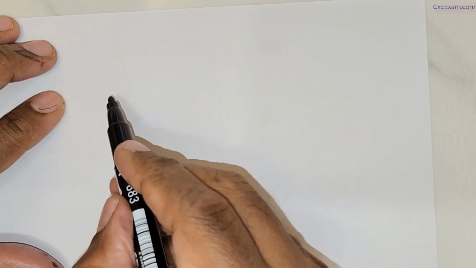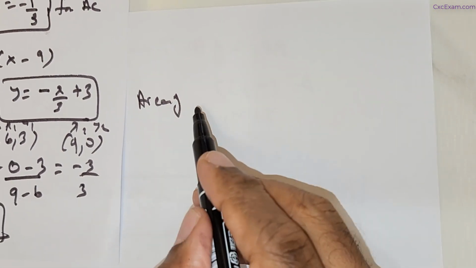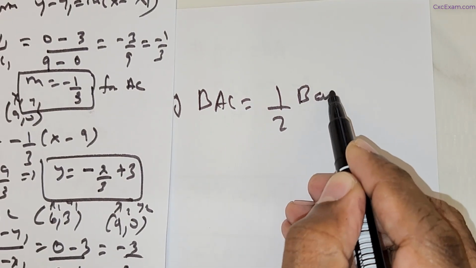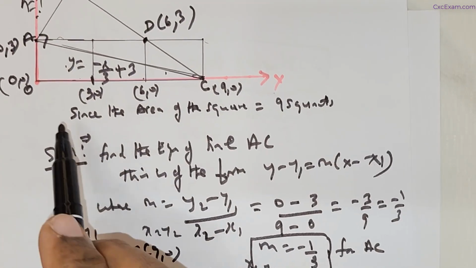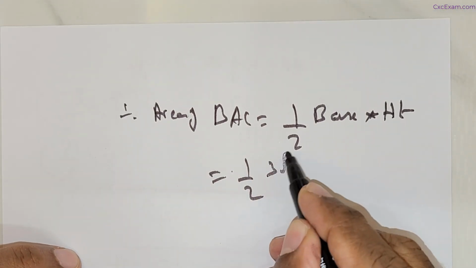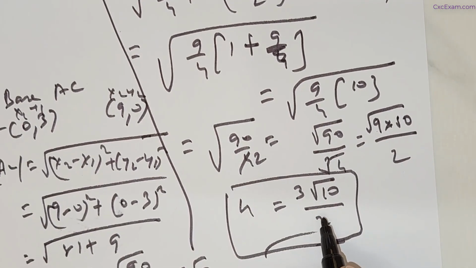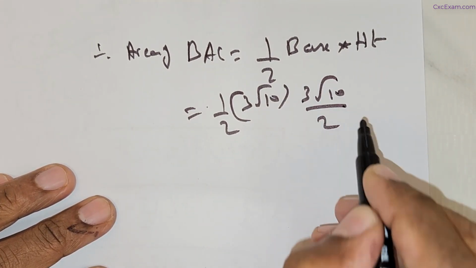So area of triangle BAC is half times base times height. What is the base we have got? The base is 3 times root 10. And what is the height we have got? The height is 3 times root 10 over 2.